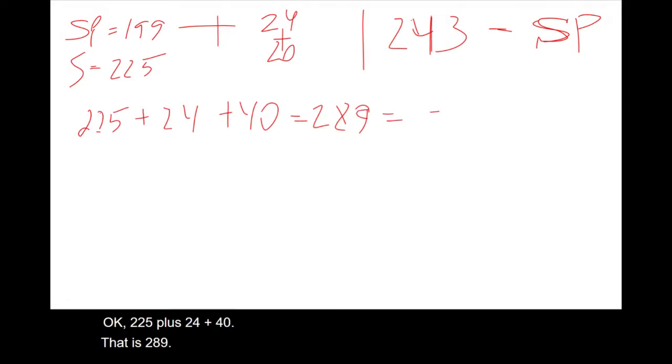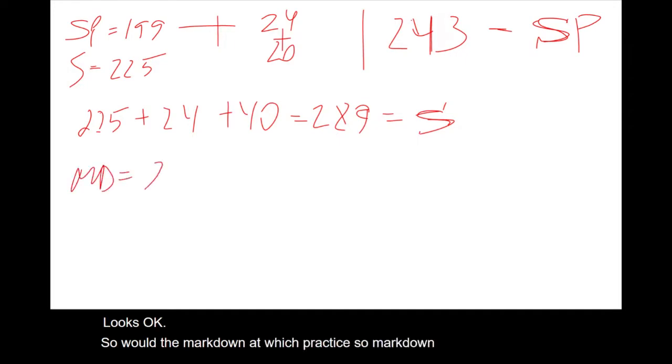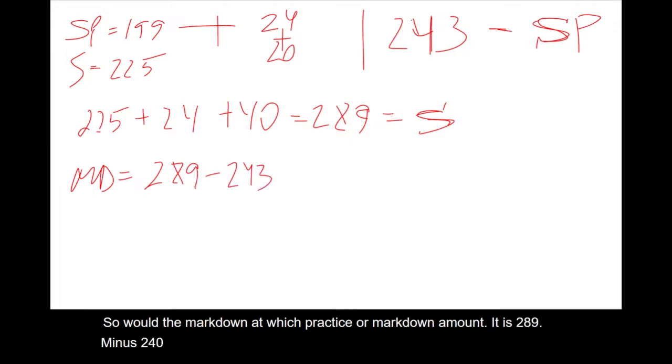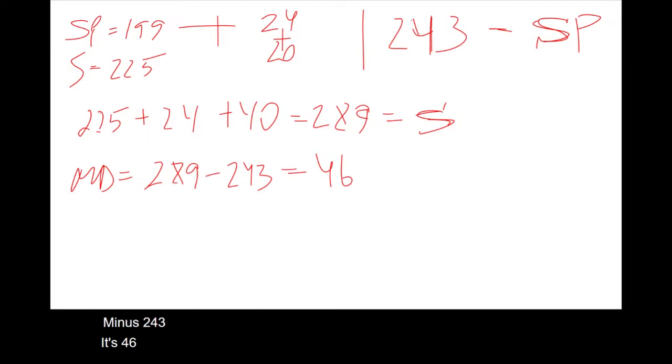That is S. Looks okay? So what is the markdown at which the package was sold? So markdown amount, it is 289 minus 243. It's 46 bucks. And markdown rate, it's 46 over 289.